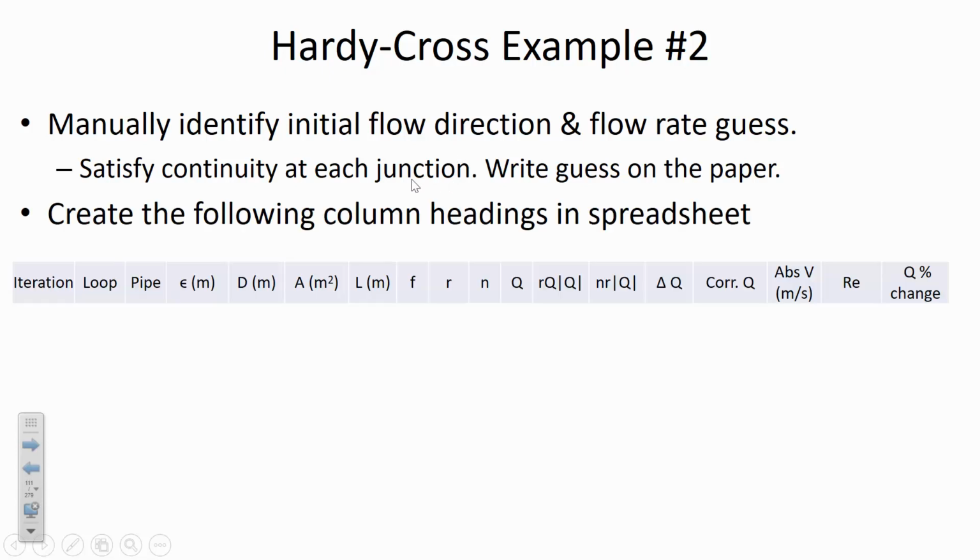Then we're going to use the student start file that's available on Blackboard. It already has all of these column headings added for you. With that file, you'll be able to begin inputting the initial guess flow rate, and then we'll go through the process together, starting with the fully turbulent flow assumption for calculating our initial F, but then we'll have updated F values from there.